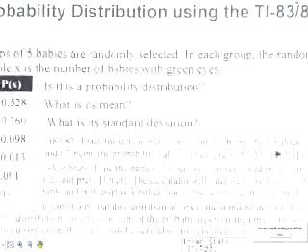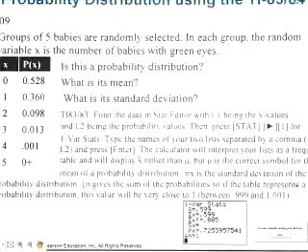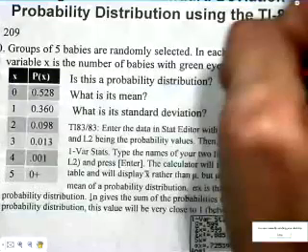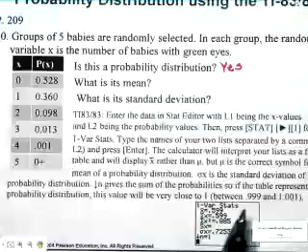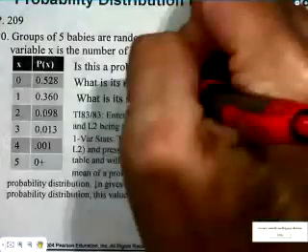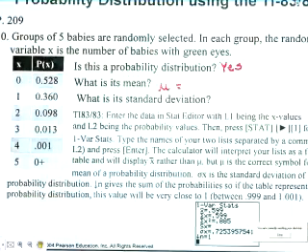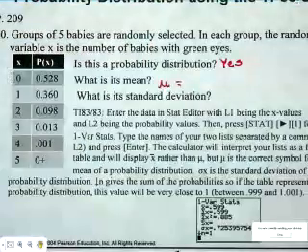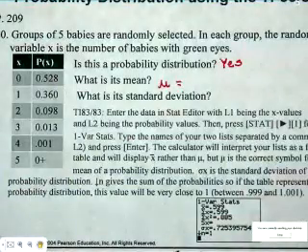We're going to write, yes, it is a probability distribution. Its mean is this 0.599, but it's mu instead of X bar. And trying to think if it told us what to round to. It didn't.